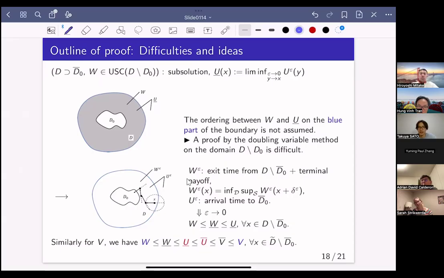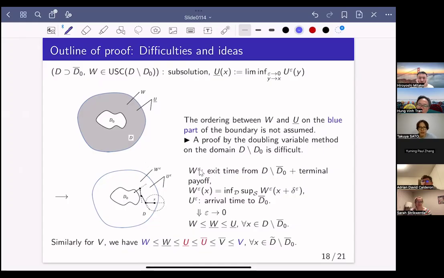But in this game W, player one can exit not only from the D0 side, but also along this blue boundary. But if player one exits from this blue boundary, then player one needs to pay the more terminal cost to player two.